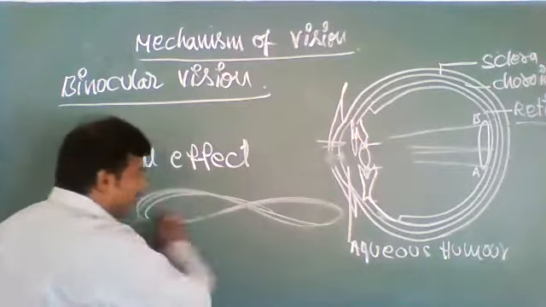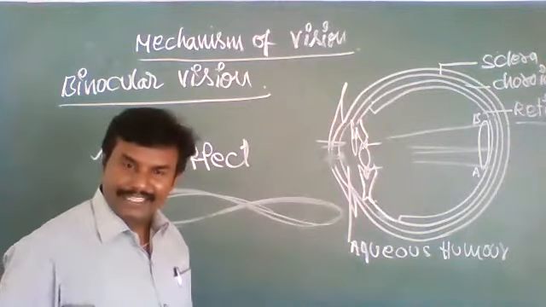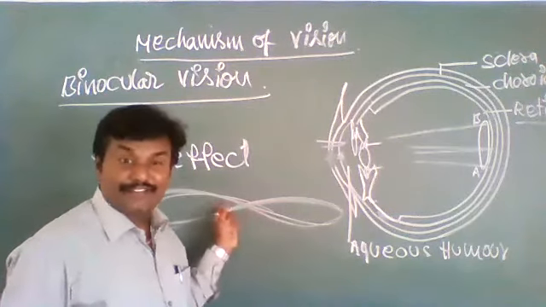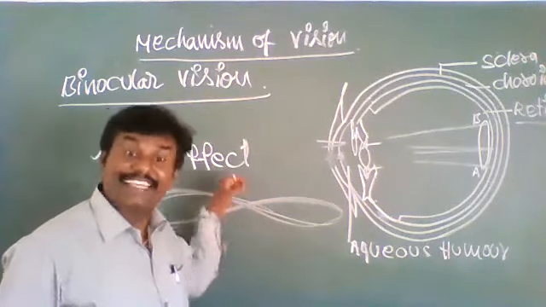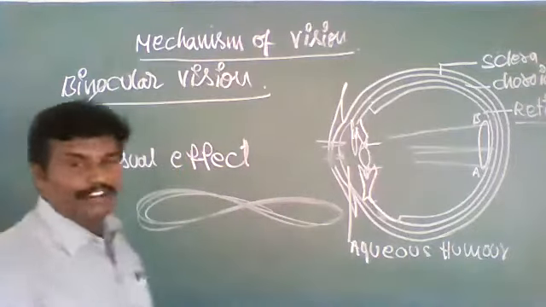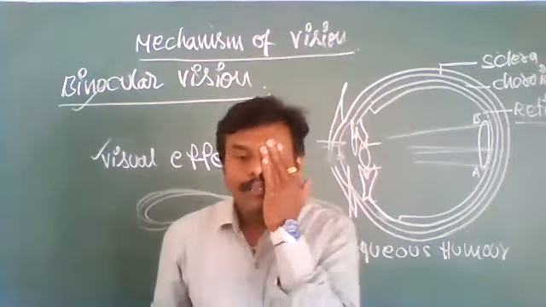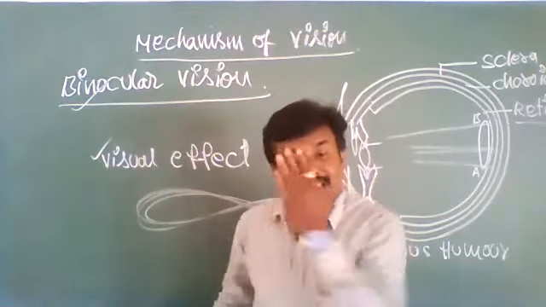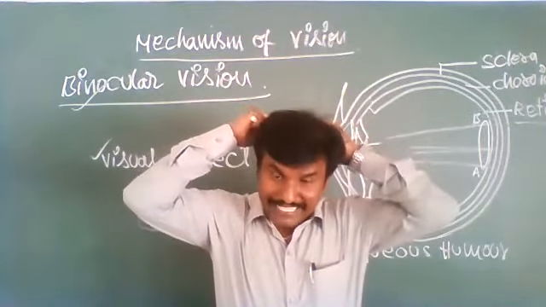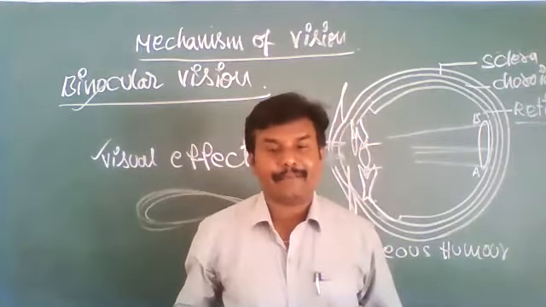Like this, overlapping of the visual field of each eye. This is called binocular vision. So this will form one image, and this will form one image. These two images go to the visual center of the brain in the cerebrum.